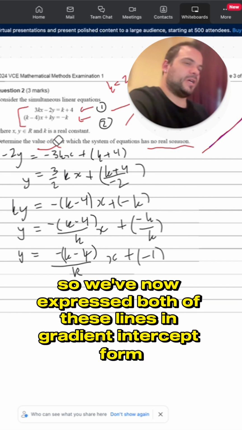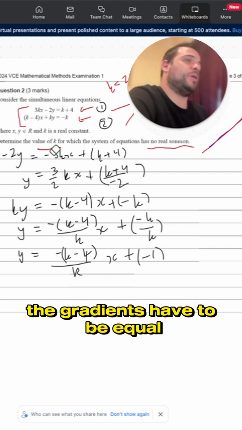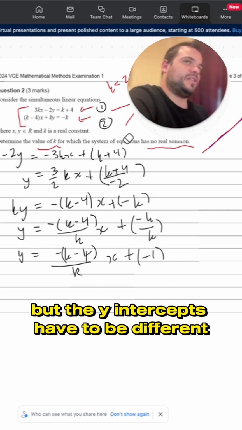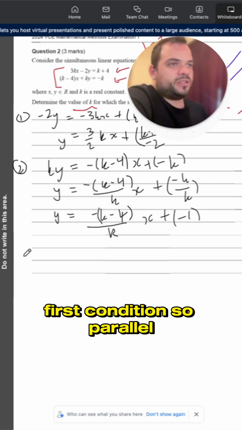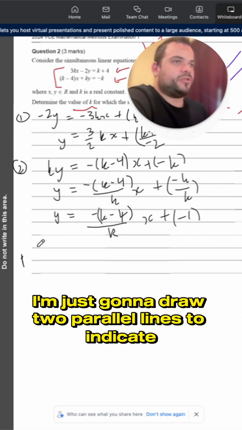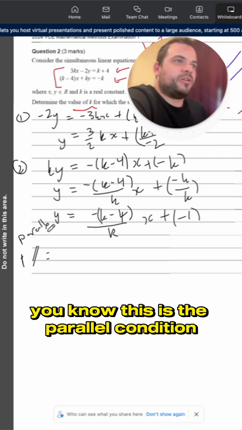So we've now expressed both of these lines in gradient-intercept form. For these two lines to be parallel but not be the same line, the gradients have to be equal, but the y-intercepts have to be different. So I'll go ahead and impose those conditions. First condition, so parallel, I'm just going to draw two parallel lines to indicate this is the parallel condition.